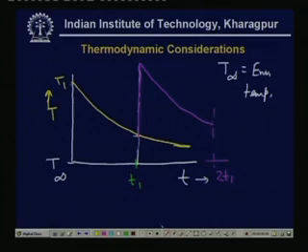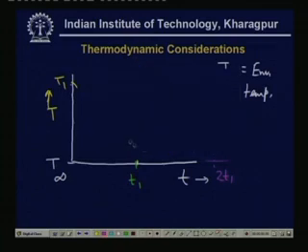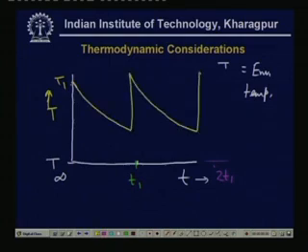So, if you look at the final temperature distribution, it looks somewhat like this. Now, it may reach such a periodic cycle, that is a repetitive cycle, after some time.